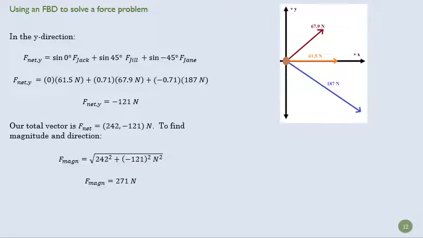Take the square root of that, and we get a magnitude of 271 newtons. That fits with our expectation looking at the Pythagorean theorem, right? The number's always going to be bigger than the bigger of the two numbers, but if there's much difference, it's not going to be a lot bigger, right? This term is just going to dominate this equation. So it goes up a little bit, but not a ton.